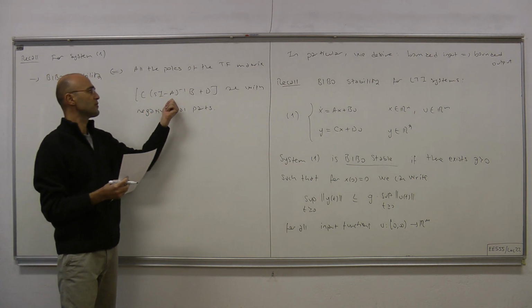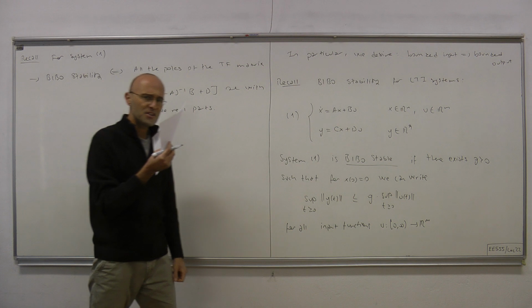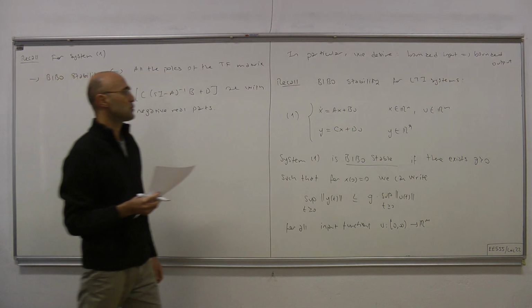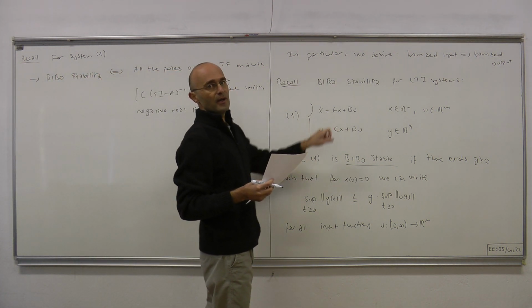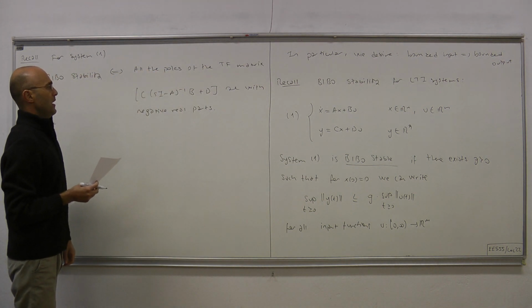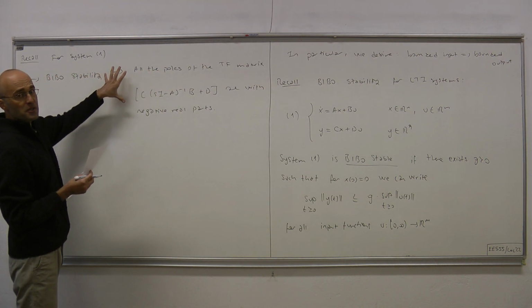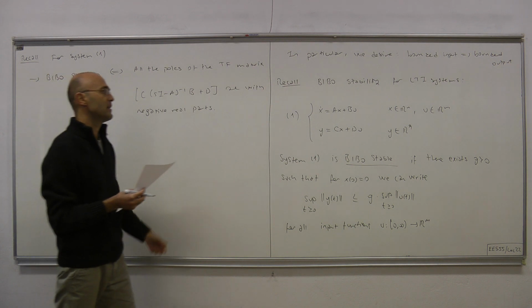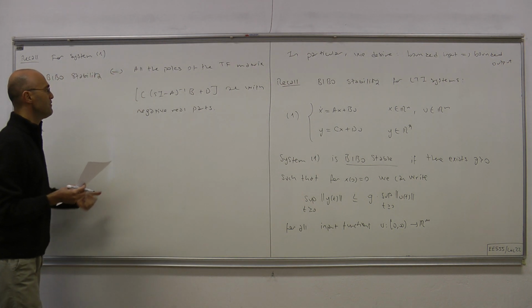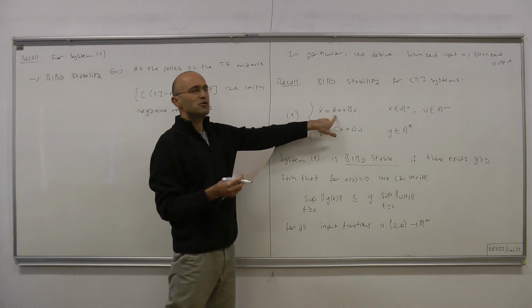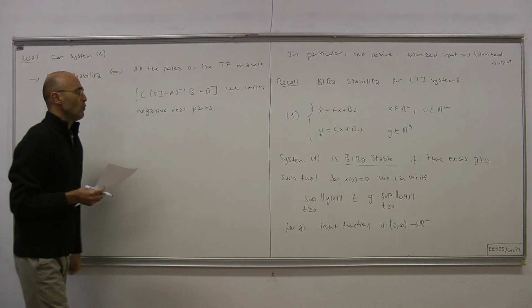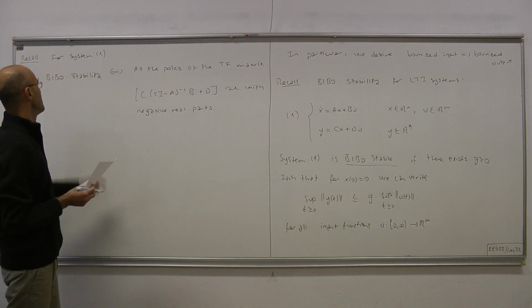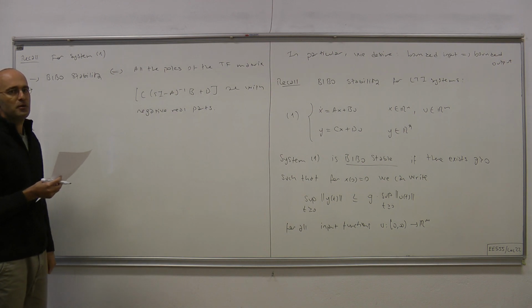Okay, so that's the if and only if condition for bounded input, bounded output stability for linear systems. Now, the poles of this transfer function matrix are a subset of the eigenvalues of the A matrix. And therefore, from this equivalence, we can obtain the result that if the eigenvalues of A matrix are all with negative real parts, then the system is bounded input, bounded output stable.